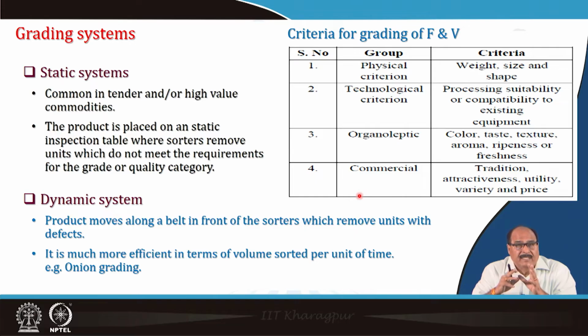Okay. Grading system may be a static system or dynamic system. Static system is common in tender and or high value commodities. The product is placed on a static inspection table, where sorters remove the units which do not match the requirement for the grade or the quality category.